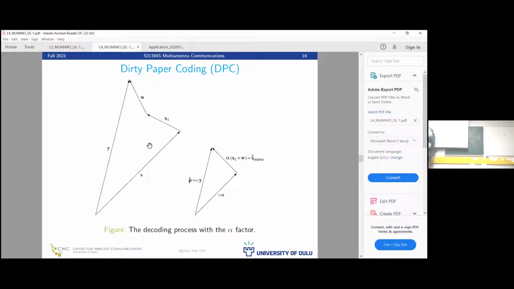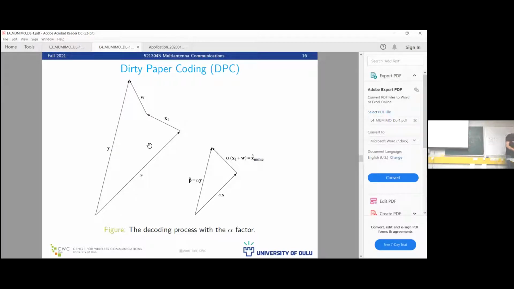Then we add noise at the receiver, and we have the received signal y, which is the summation of s plus x1 plus w, right? Interference, intended message, and the noise that we add at the receiver, right? And after scaling by alpha, y equals alpha s plus the interference-free estimate of the transmitted message, which includes the scaled noise as well. Okay.